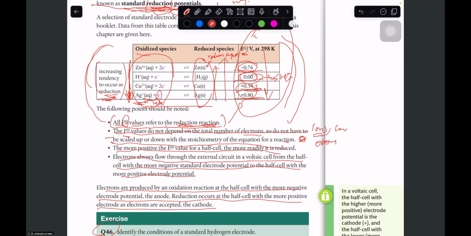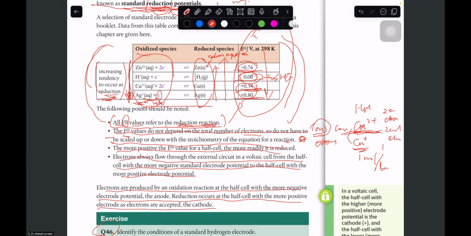For example, if we have ions Cu2 plus and another one is Cu1 plus, we know in this half cell it will have 2 times the electrons. If both of these solutions have 1 mole per liter concentration, for the first part, it will get two electrons, right?